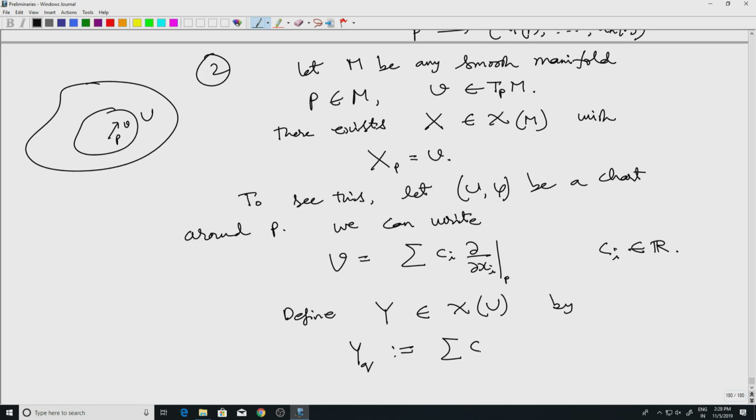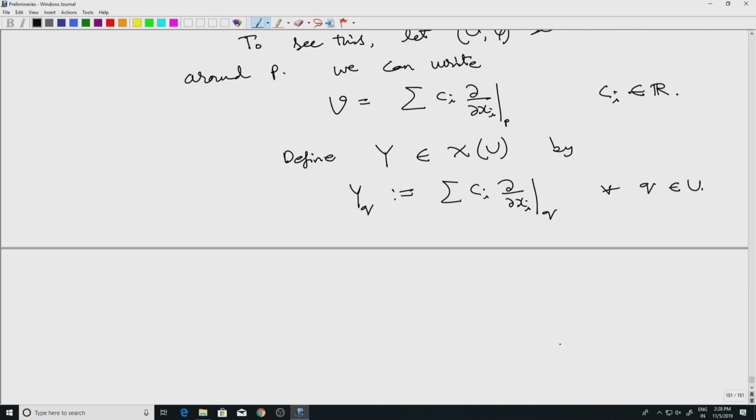So Y at Q equals Ci del by del xi at Q for all Q in U. Clearly Y is a vector field on U, which according to our definition already means I'm assuming that Y is smooth, but in fact it's quite clear that Y is smooth simply because the coefficient functions are constant.